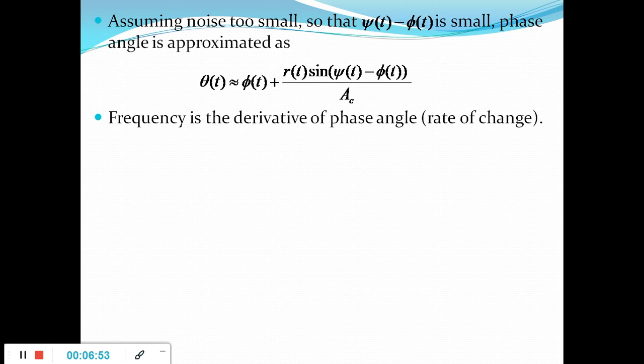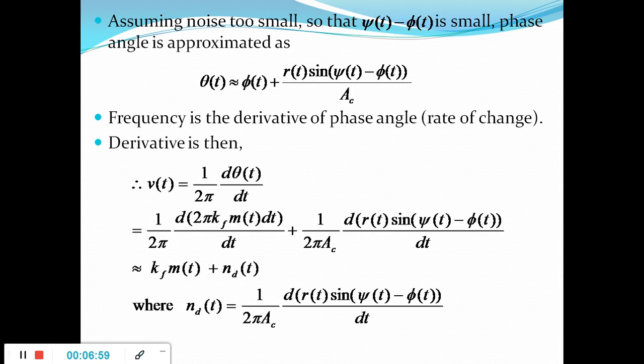So, the frequency is nothing but the derivative of the angle, which is given by the expression here.